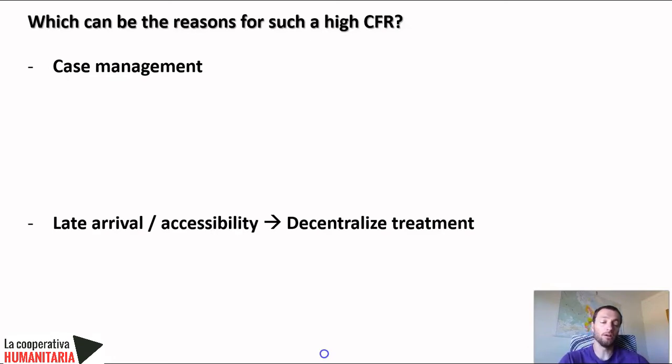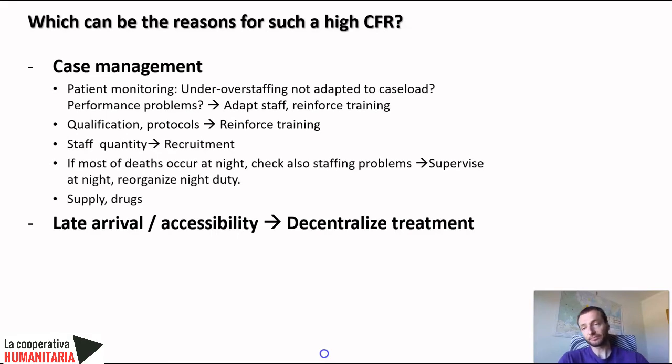So let's look at possible activities to improve our case management and address late arrival or accessibility. For case management, we can improve our patient monitoring. So reinforce the training, adapt the staff, increase the number of staff, sometimes increase the people on the night shift. Define the protocols better, reinforce the trainings and protocols, and the quantities of staff we mentioned already.